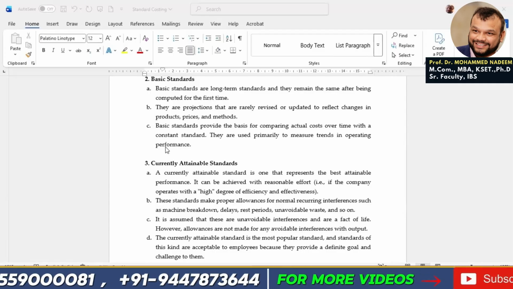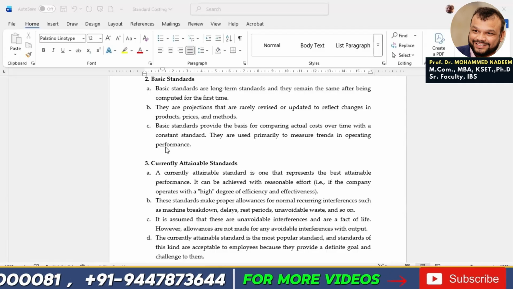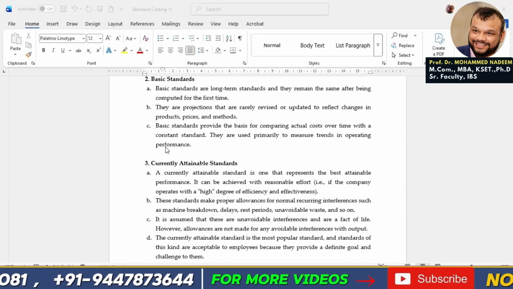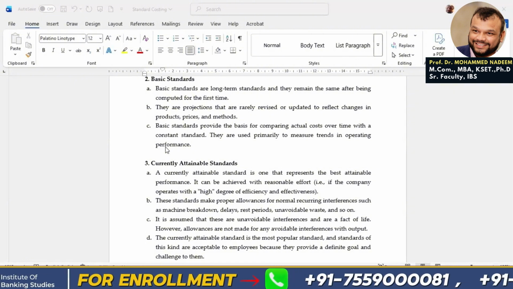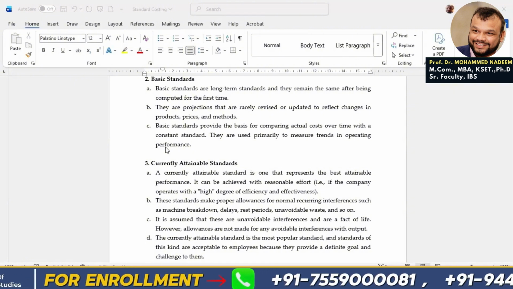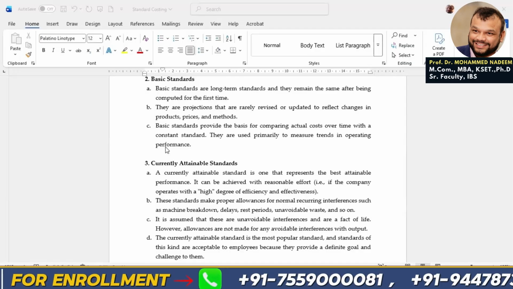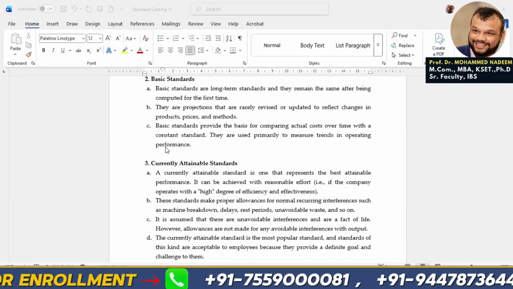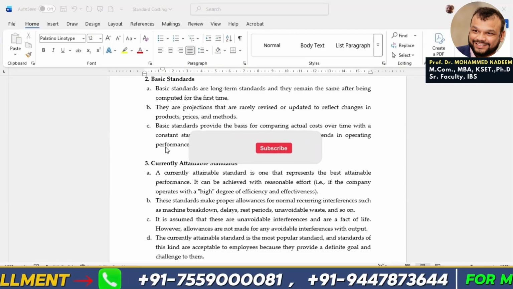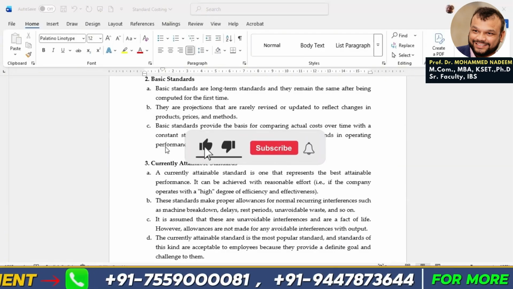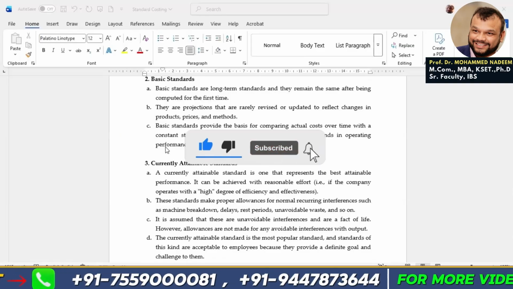I will sit and take 1 kg of raw material, and we will check proper quantity, quality, everything. We will manufacture. How many units can be manufactured from 1 kg? 5 units without any wastage. And how much time did I take to manufacture those 5 units? 5 hours. You should practically perform that before, and we have to calculate everything. Then only you set that as a standard.